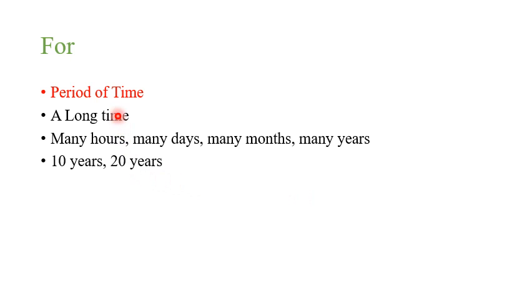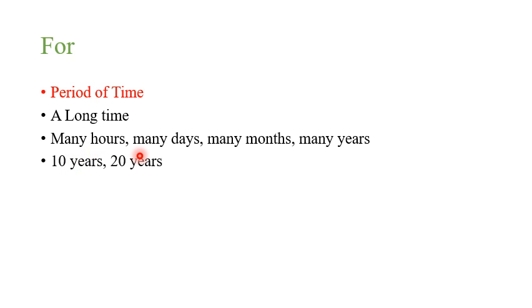So, for example, if somebody says that he has been doing this for a long time, now a long time is a period. You do not know exactly when the time started. What is the exact point of time? A long time can be, according to that person, 10 years or 10 months. It depends upon the perception of that person.